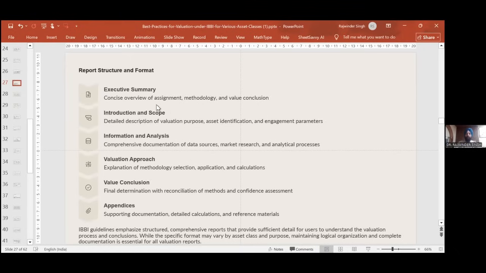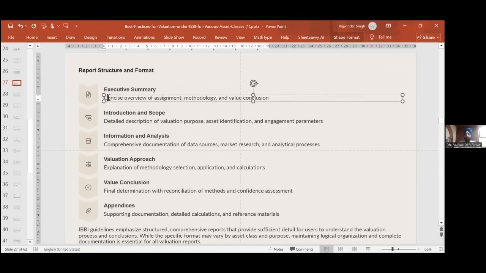First thing is you have to provide an executive summary of whatever you have done as far as valuation is concerned. In the executive summary, you have to give a concise overview of the assignment, the methodology you have used, and in the end you have to provide the value conclusion. So you have to give a summary of how you have arrived at a particular value, which methodology you have used.